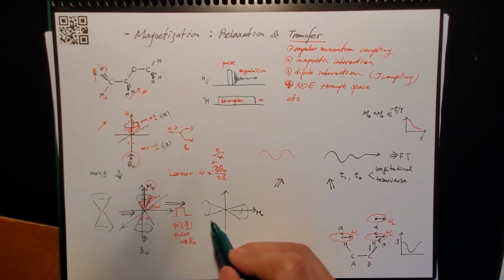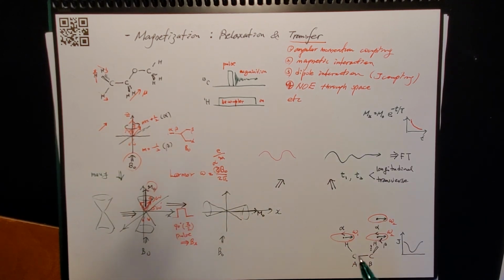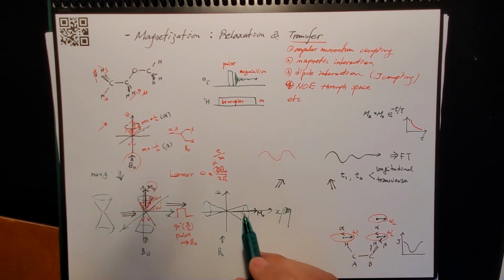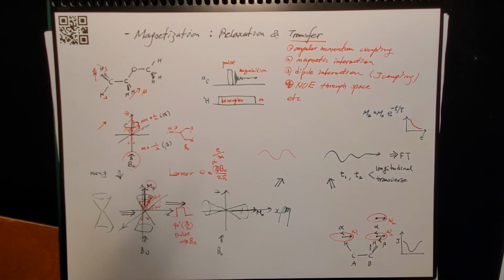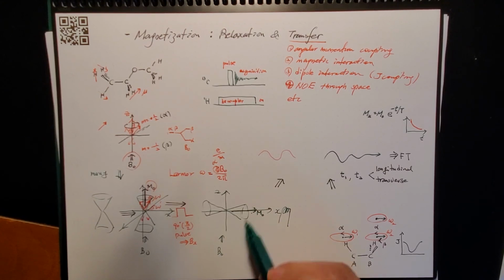But either way, you can think of that magnetization as coming down to the x-axis instead of z, and then you have a coil that can detect the strength of the magnetization. Then you can imagine the total magnetization is aligned on the x-axis, but you still have the external magnetic field.